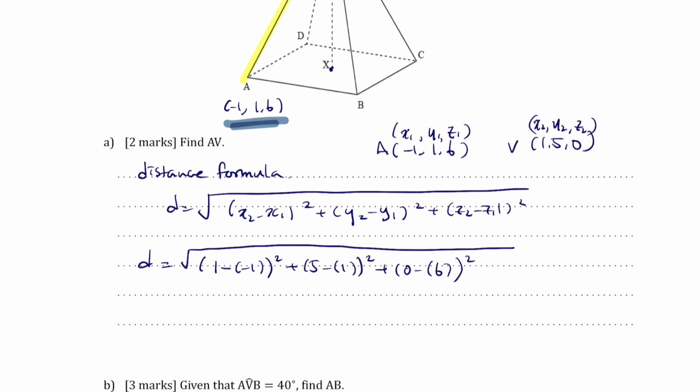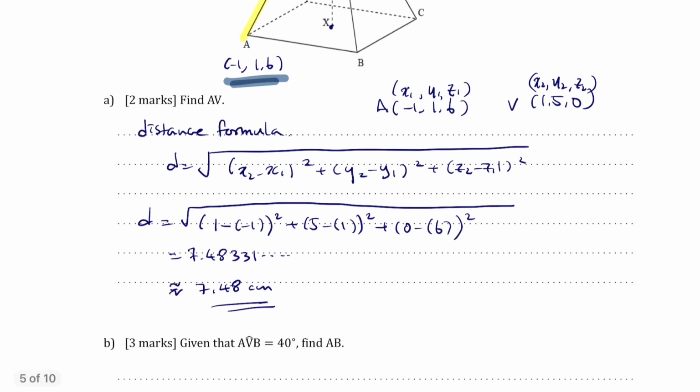Once you do this, you get about 7.48331, right? And then since you need to write your answers in specific, you get 7.48 centimeters. Or you can also leave it in the square root form, which is square root 56, or 2 square root 14.